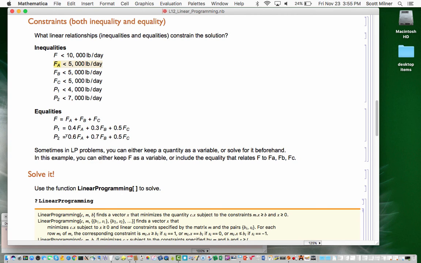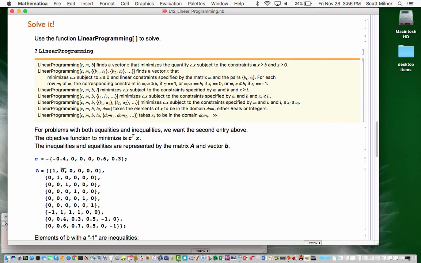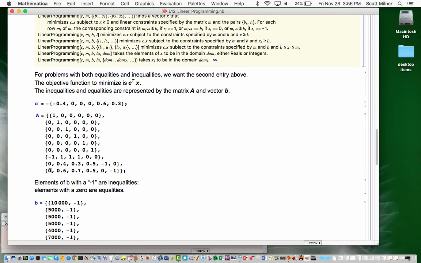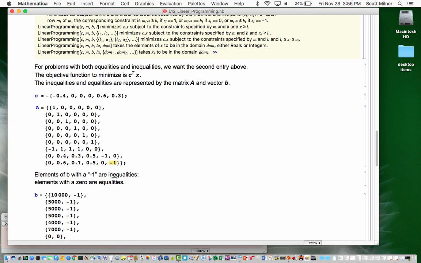So in this second one here, there's a 0.6, 0.7, 0.5 for the FA, FB, FC entries, and a -1 in the very last entry for P2, and that is set to 0. So there's no mention of F, that was the first variable, but it's 0.6 FA, 0.7 FB, 0.5 FC added together minus P2 times 1, okay, equals 0.